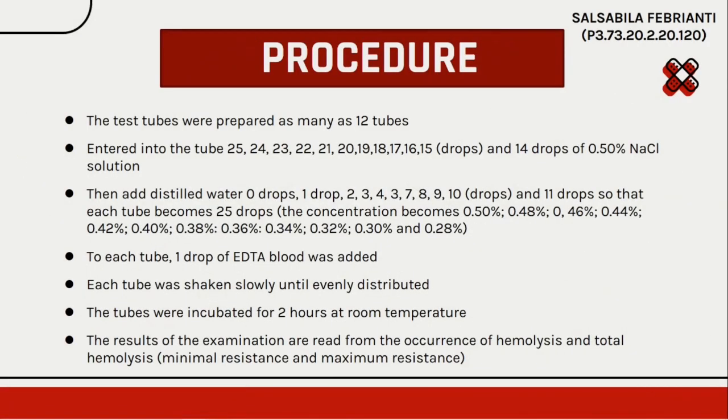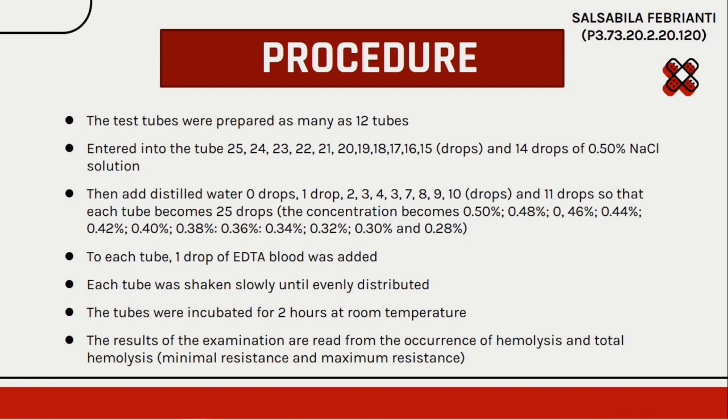Okay, next, the procedure. Prepare 12 test tubes. Enter 14 drops of NaCl solution into the tube. Then add distilled water, 0 drops up to 11 drops, so that the total becomes 25 drops.